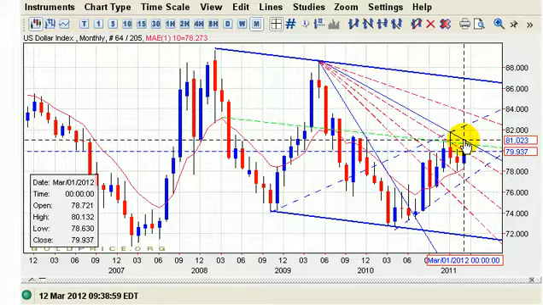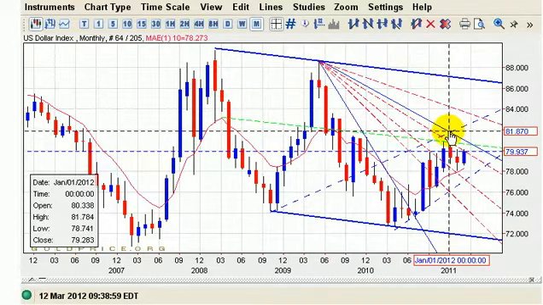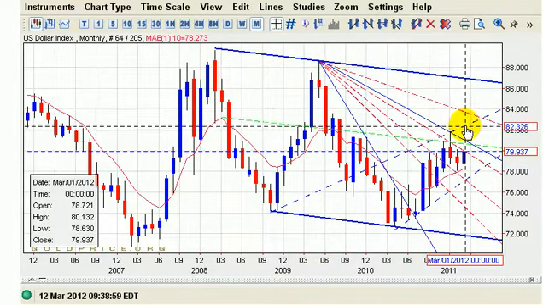But once that particular trend line from the previous high to the next high would be penetrated, we would be looking at the 82.39 level.